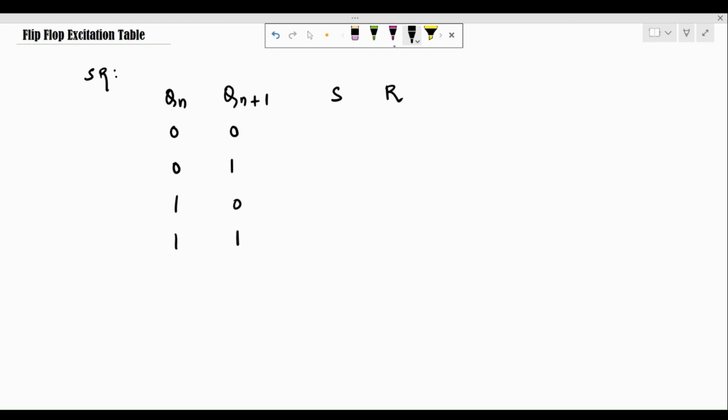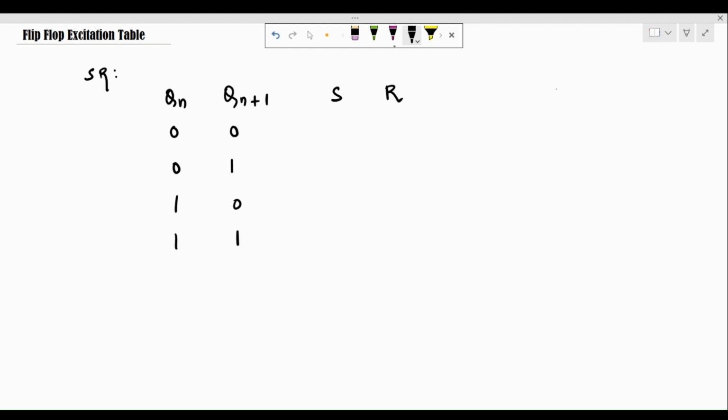Now, when can this happen? There are two possibilities of the next state being 0. Either there was no change, the present state is 0 and the next state has become 0, or the next state became 0 because the reset input was high.